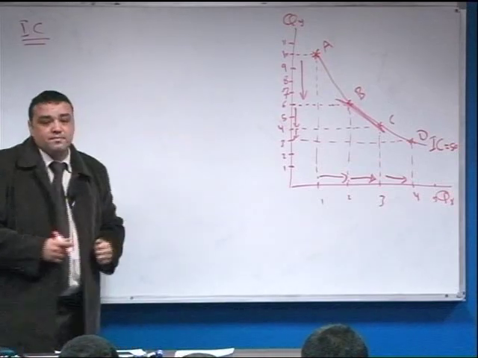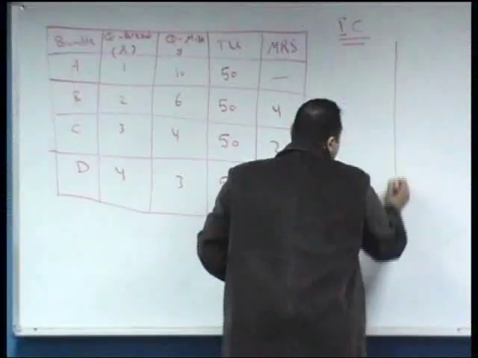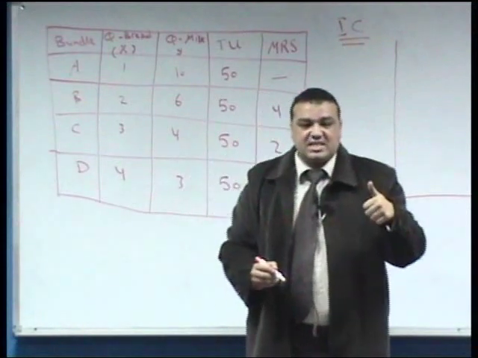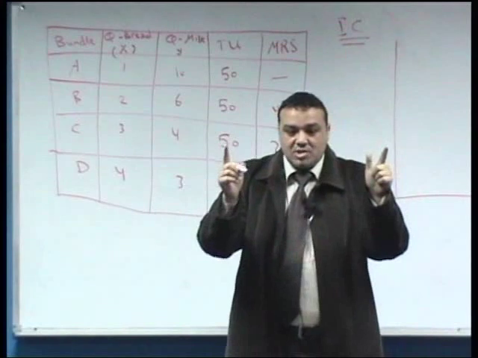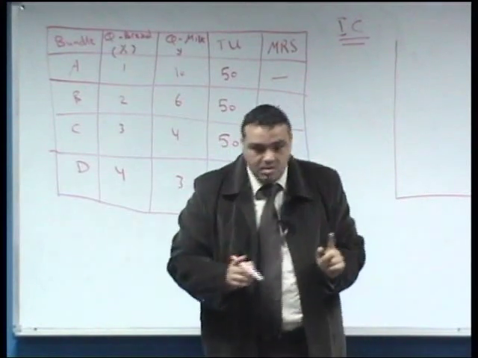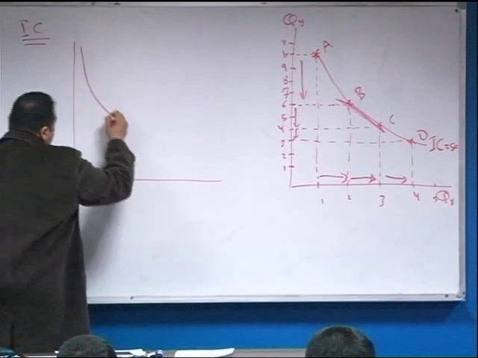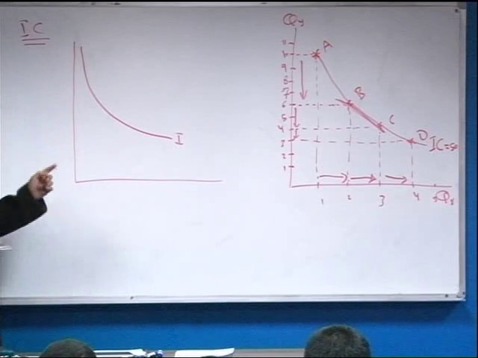Number 3, suppose that the consumer increases his consumption of X and his consumption of Y, the total utility would increase, right? So this leads to a rightward shifting of the indifference curve. Suppose this is indifference curve 1.